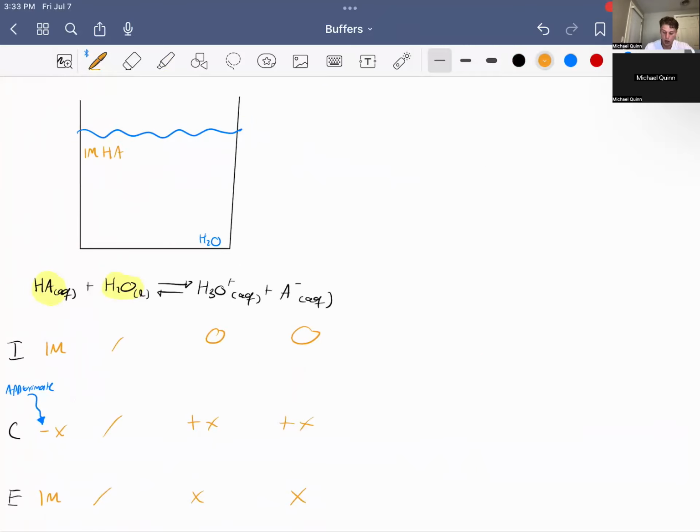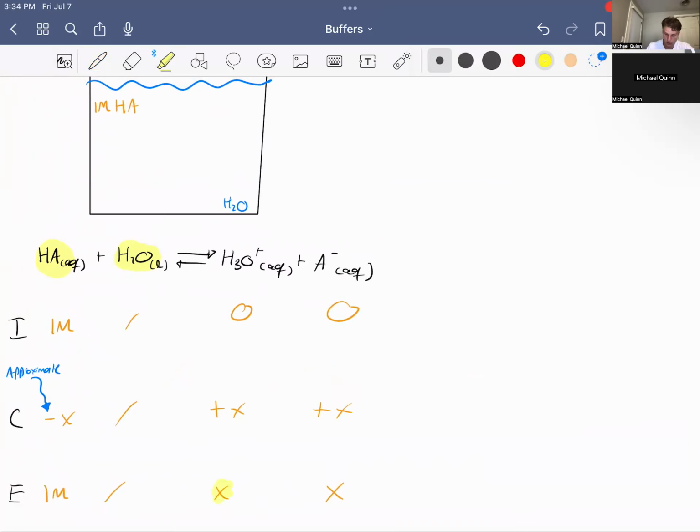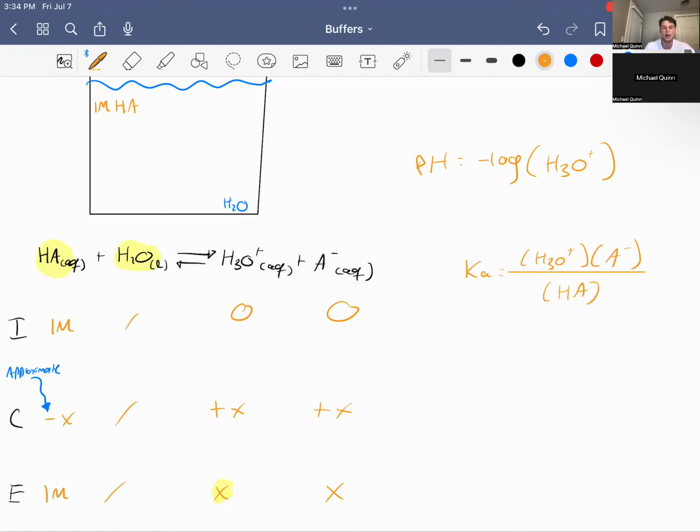So how can we solve for the pH at this moment in time? We know pH is the negative log of our H3O plus concentration. So how do we solve for H3O? Well, we know the Ka is equal to products over reactants, which is H3O times A minus over HA.